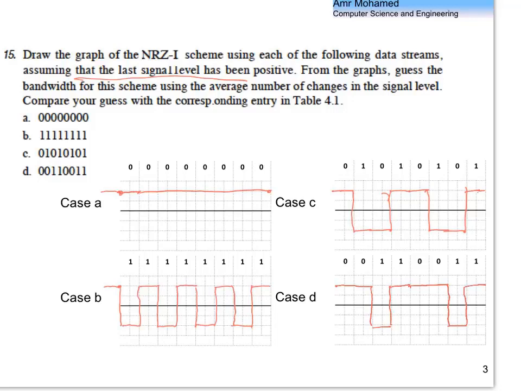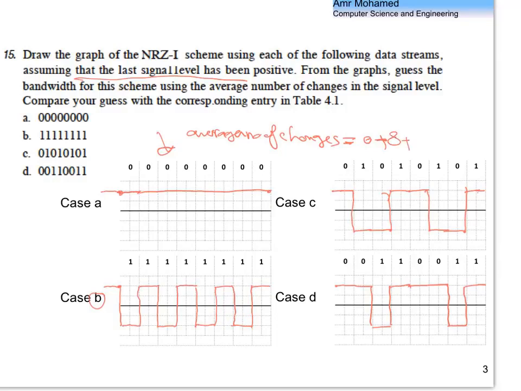The second part of the question is to calculate the average number of changes. How many changes are here? The number of changes here is actually 0. So the average number of changes equals 0 plus, for case B, 1, 2, 3, 4, 5, 6, 7, 8, so we have 8 changes.